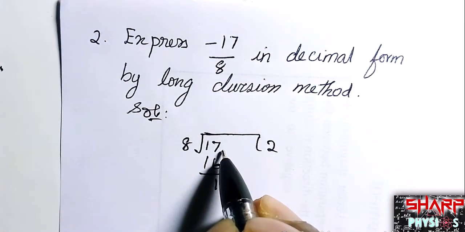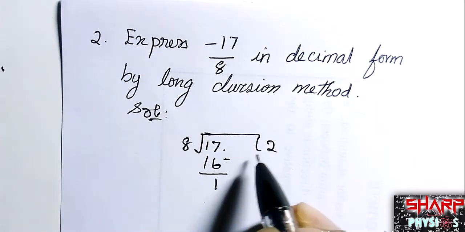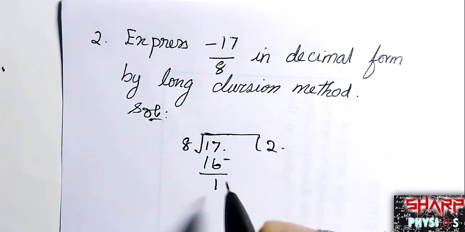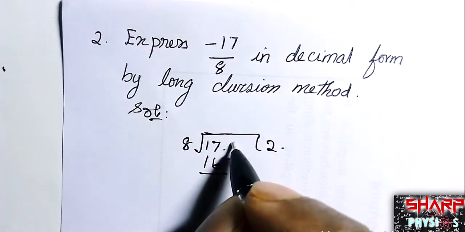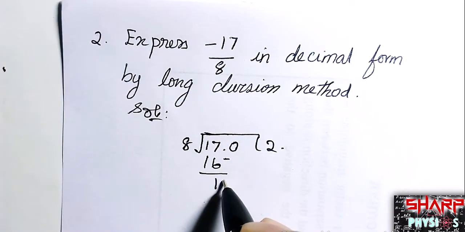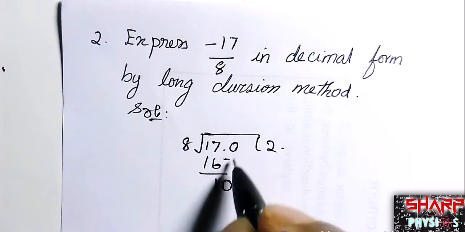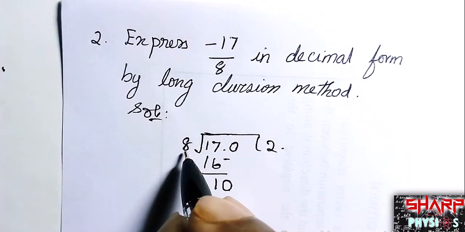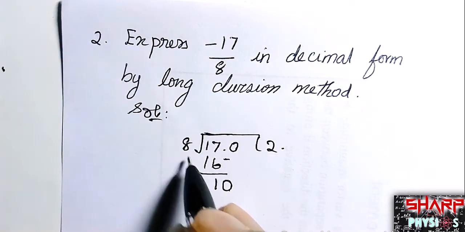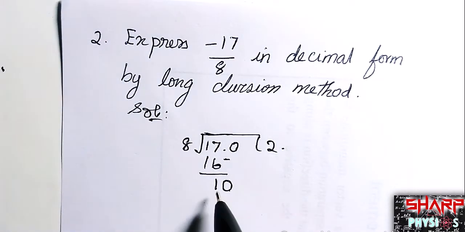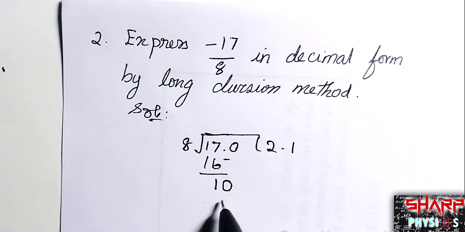So we put a decimal here as well as a decimal here. Then we will be adding a 0 here and bringing that 0 down here. So 10 is greater than 8. So 8 ones are 8.